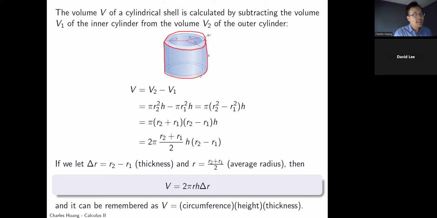And I can find the volume. The volume is pi r squared h. That's the radius squared times pi, the circle, times the height.